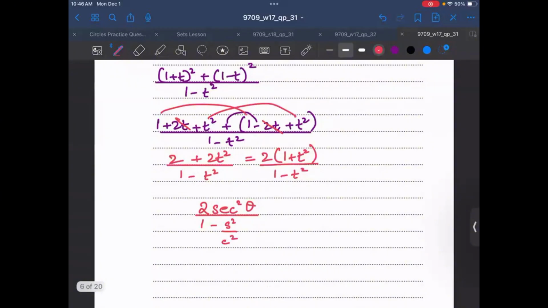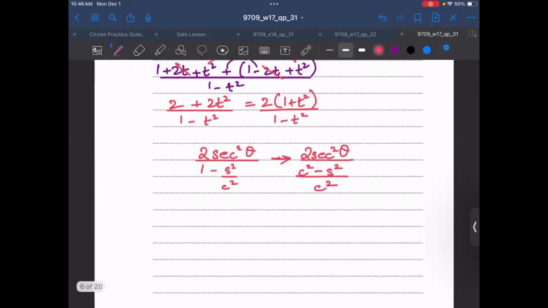Taking the LCM, 2 sec² θ is in the numerator, and in the denominator we'll get (cos² − sin²) divided by cos². Now we can use the identity cos 2θ = cos² θ − sin² θ. So we can write it as 2 sec² θ divided by (cos 2θ divided by cos² θ).